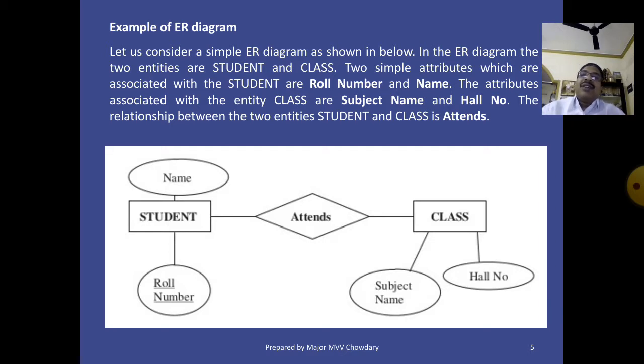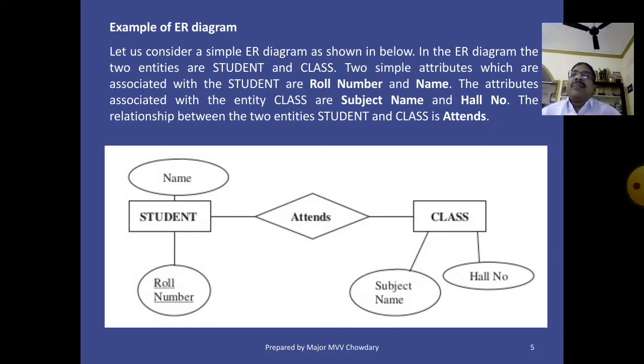Whereas class is another entity. For class entity, subject name and hall number are the attributes.